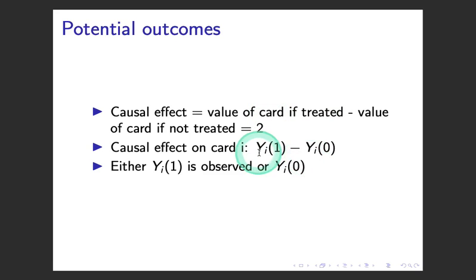So some variation of these mathematical symbols are used in the potential outcomes framework. Minus yi0. So either yi1 is observed or yi0 is observed. So if it's a card which gets the treatment, then this will be observed. If i is a card that is in the control group, then this is the y that we will observe.